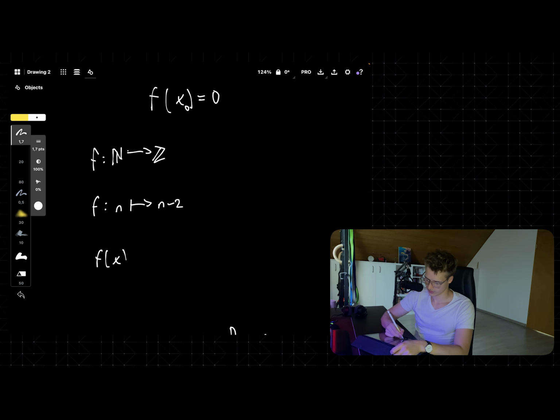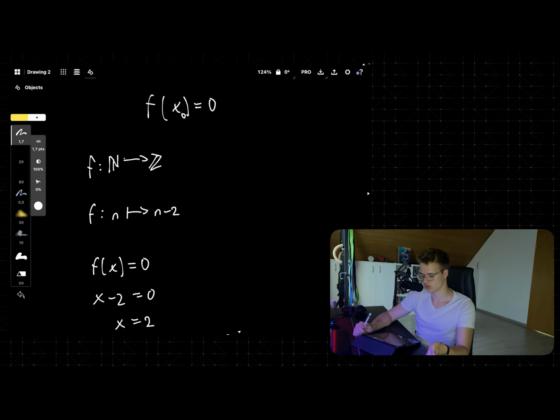We want to know when f of x equals 0. We replace f of x with this mapping. So instead of f of x, we write n minus 2, or x minus 2 in our case, equals 0, so x equals 2. So when x is equal to 2, the value y is going to be 0.